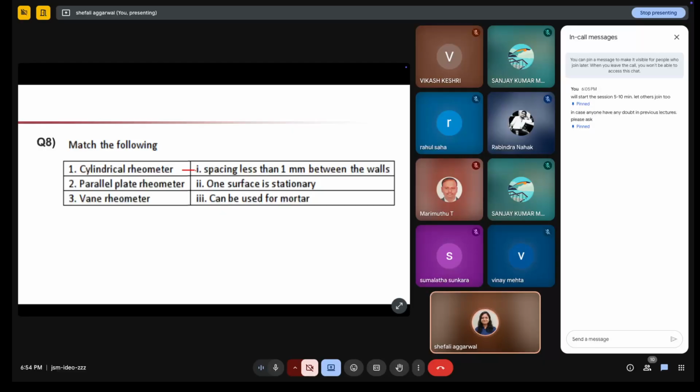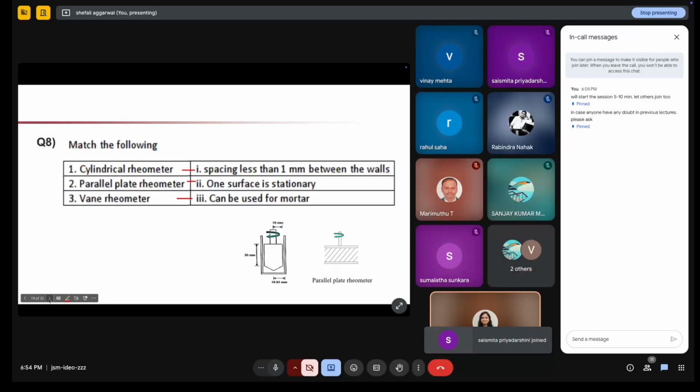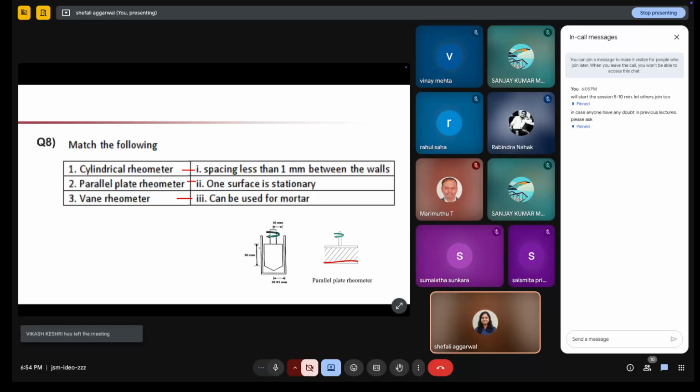Parallel plate rheometer, one surface is stationary. Vane rheometer can be used for the mortar, correct. These two types of rheometer we have seen in our slides before. This is your cylindrical rheometer where you have very little spacing between the walls, less than 1 mm. In the parallel plate rheometer, one plate will be stationary and the other will be rotating. For the vane rheometer we don't have any figure, but it's a bigger one. It works on a similar concept, but it can be used for mortar and not only for paste.